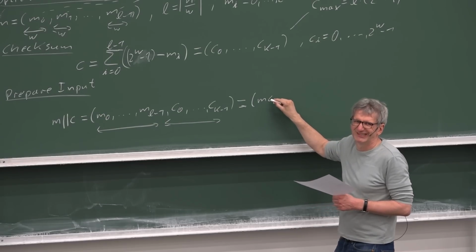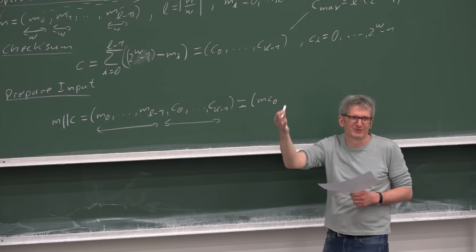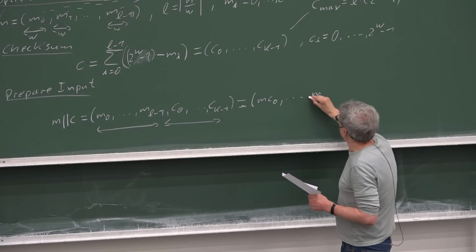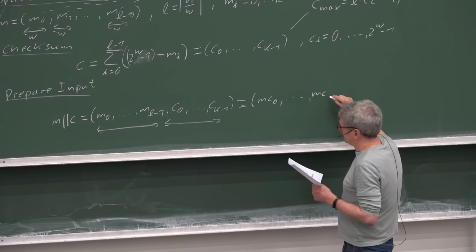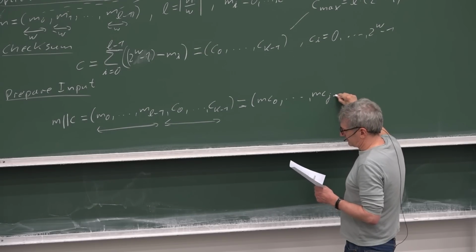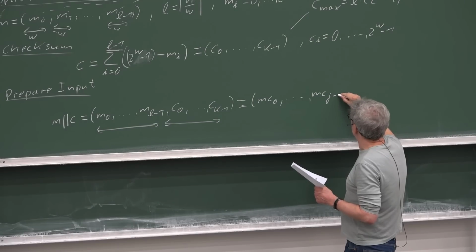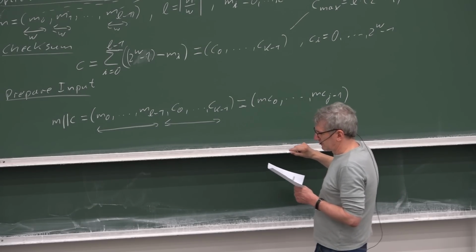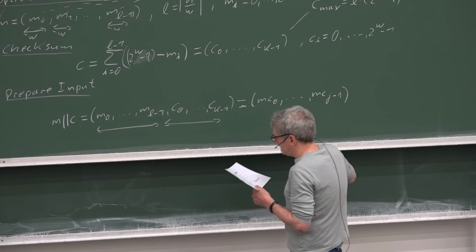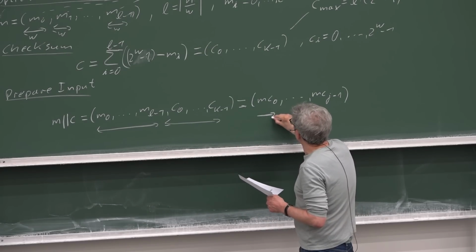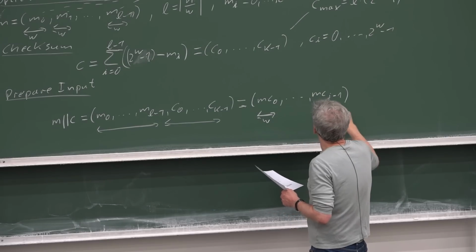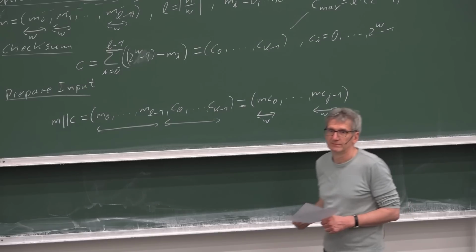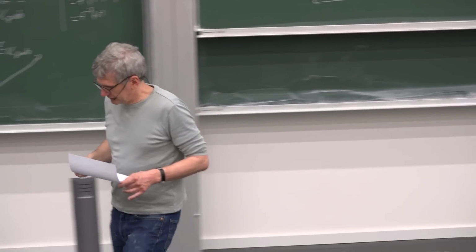We call that MC, which is kind of stupid, but I took that from some book. I'm sorry. So this is MC up to MC index J minus 1, and again, each of them is W bits wide. Okay. Good.